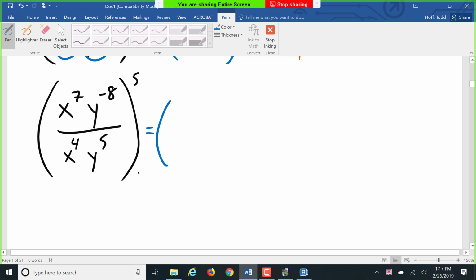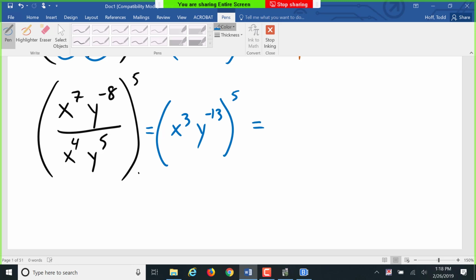Divide the x's. What do I get? X to the 3rd. What's next? Divide the y's to get y to the negative 13. Good. Next we have that power of 5. What's that going to give us?